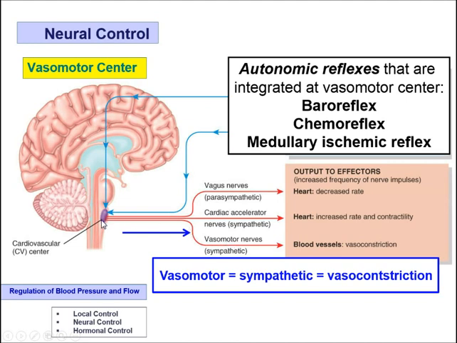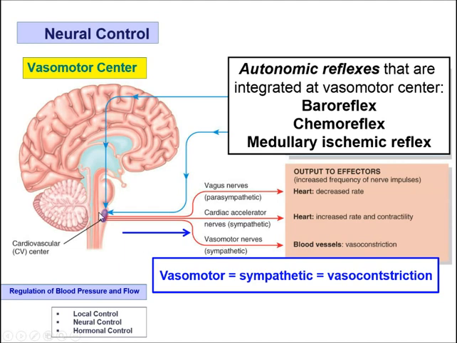So they're actually coming from the vasomotor center of the cardiovascular center. So the cardiovascular center, as we know, is going to influence heart through the vagus nerves, influence heart through cardioaccelerator nerves, and now we also know that there's this vasomotor center at the cardiovascular center that's going to influence blood vessels through the vasomotor nerves.